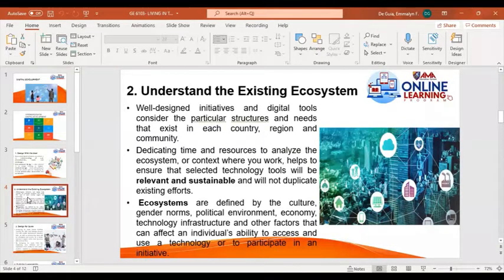So it is very important to engage target users, to consult the researchers, to coordinate with government agencies, so we could align our initiative. Okay.